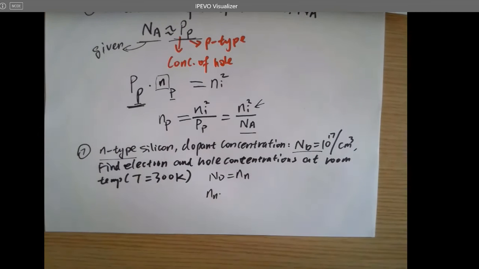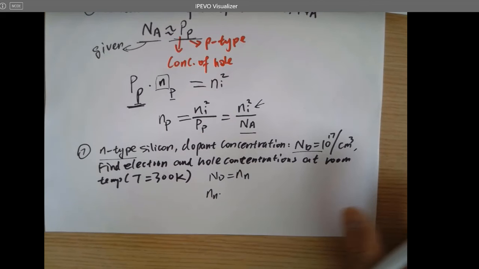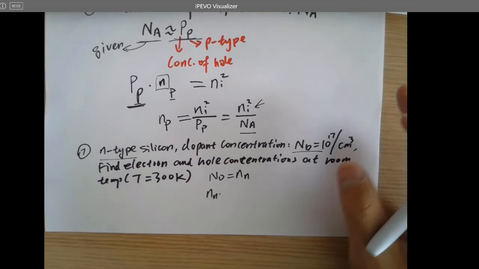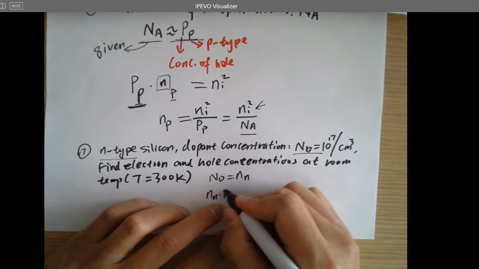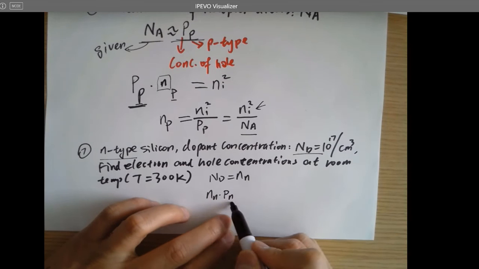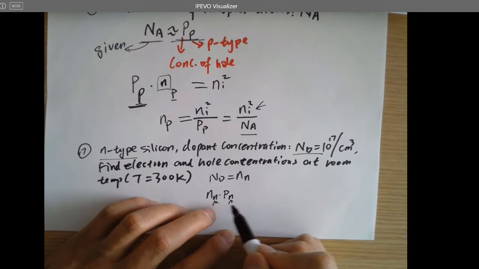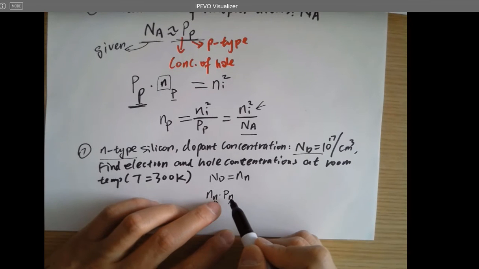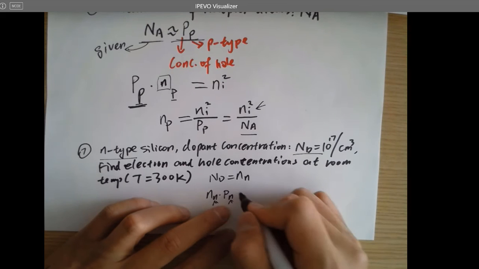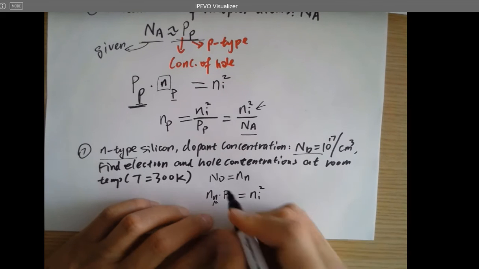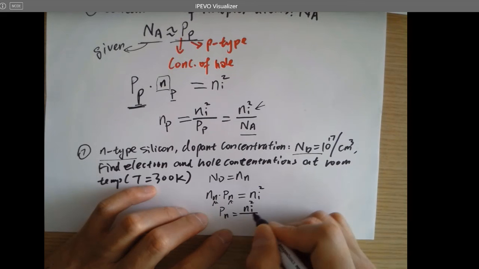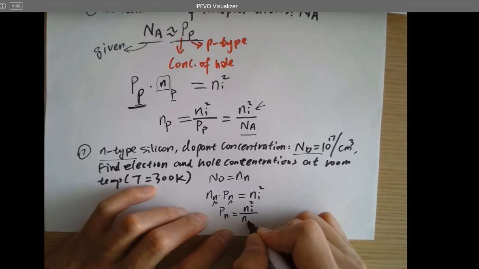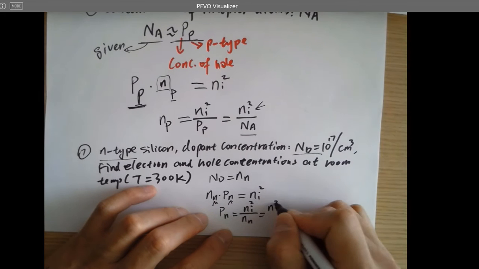That's my job, to confuse you, so never mind. Nn times Pn. At least there should be n because they are both N-type, the same material. So Nn Pn equals Ni squared, and we know that Pn equals Ni squared over Nn, which is also Ni squared over Nd.